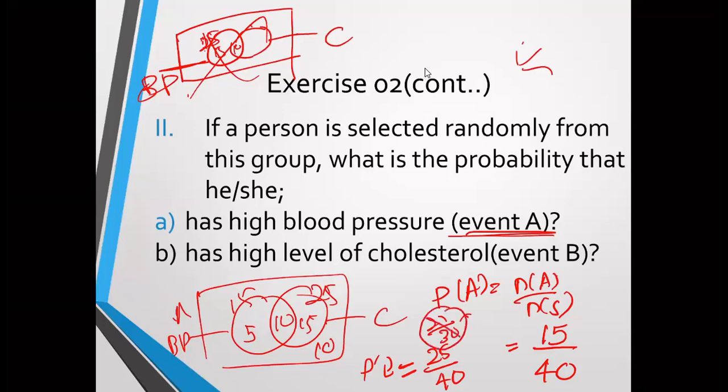You need to consider all the people in that group. Because here it mentions if a person is selected randomly from this group. It doesn't mention randomly from the group who have diseases. Therefore, that should be out of 40. 25 upon 40. Is that clear?